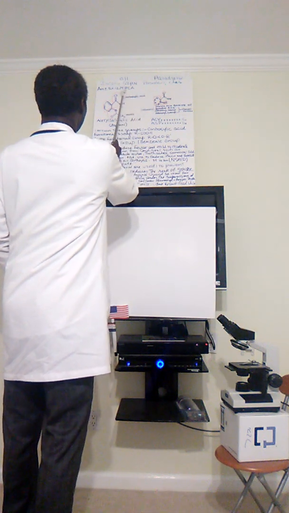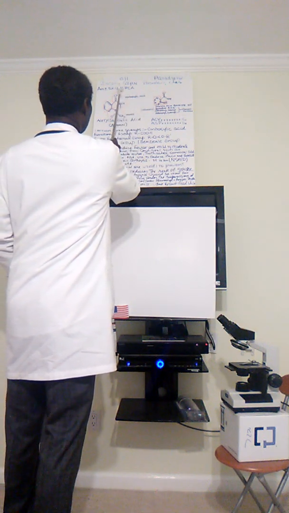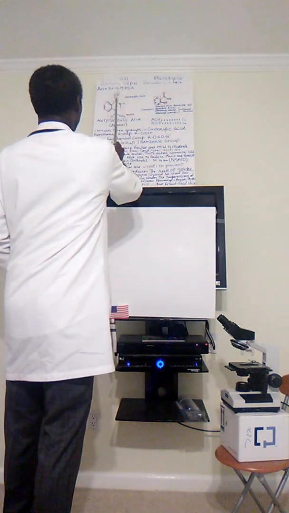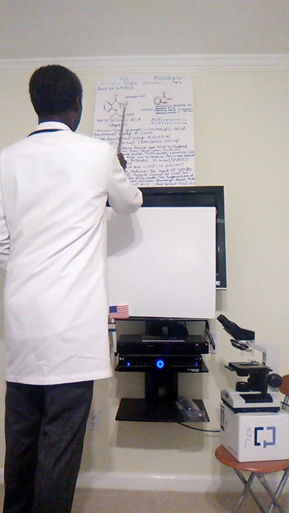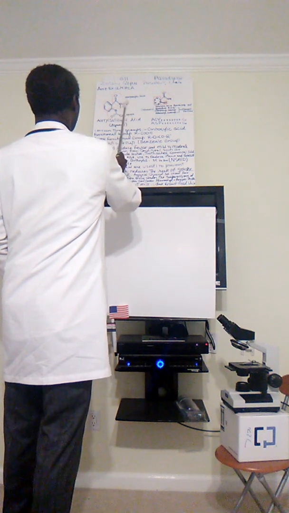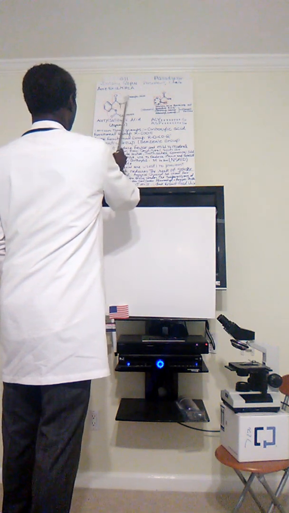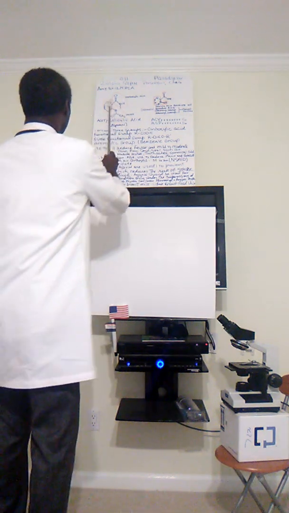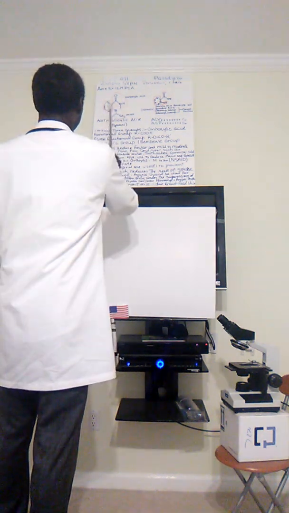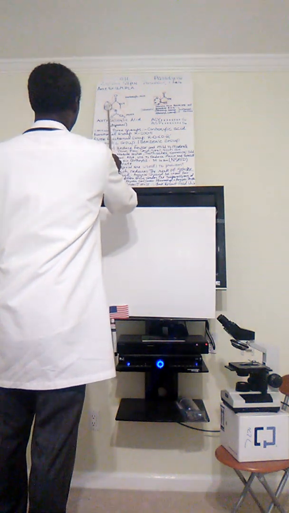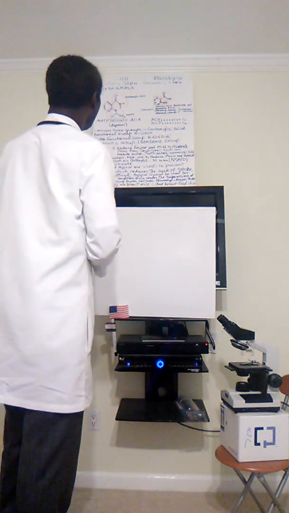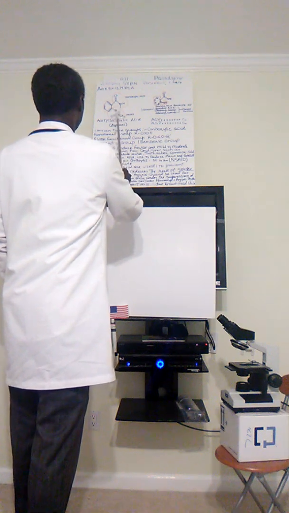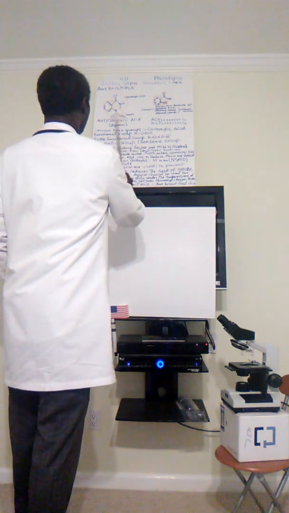We have the carboxylic acid group here with the oxygen double bonded, attached to this benzene portion, this hexagon ring, and the hydrogen there. And you have this benzene ring here with alternate double bonds, and oxygen, double bonded oxygen, and this methyl group here.